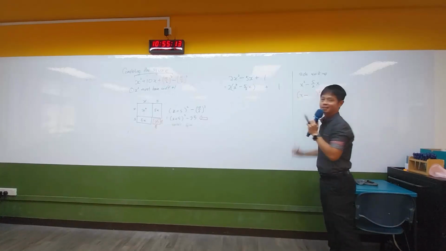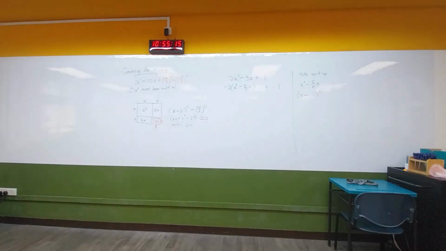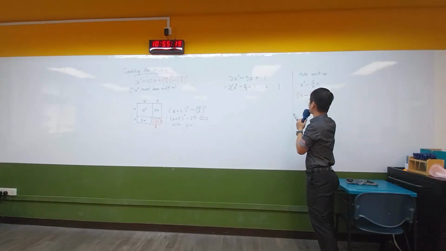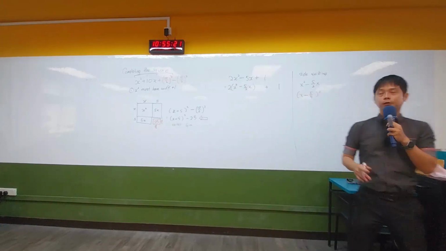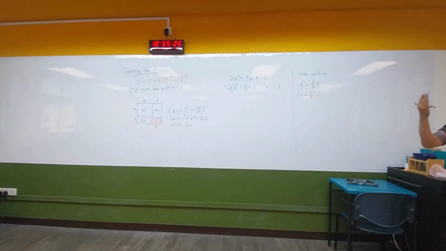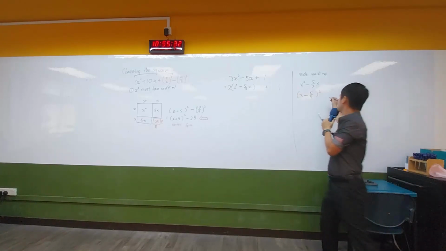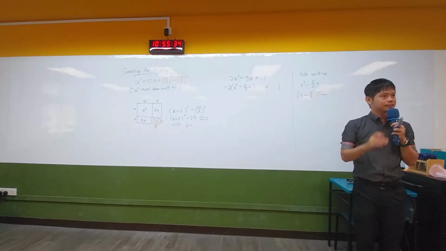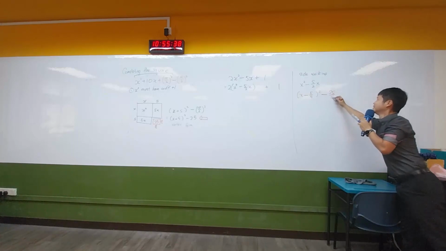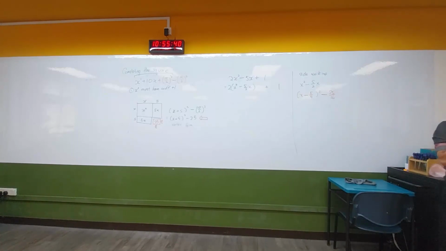Minus 5/4. Yeah. So some of you may say that it is actually 1.25. It is okay. Why minus now? Because I follow the sign. Half dx and put in bracket. Subtract the square of that number there. Subtract the square, I will get. That's how we complete the square.